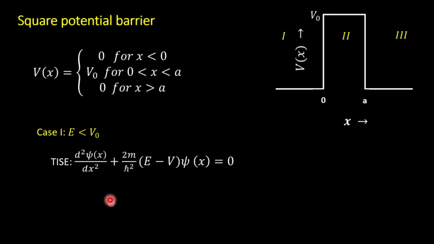Now the time independent Schrodinger equation is given by this one, and we are familiar with this expression. We have used it many times so far. Now we are going to rewrite this time independent Schrodinger equation for these three regions marked here, regions 1, 2 and 3.